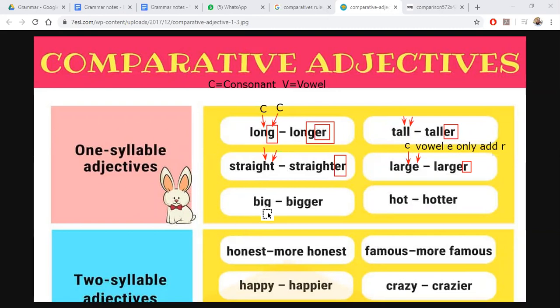Another case: when you have adjectives that have this structure at the end, consonant, vowel, consonant.